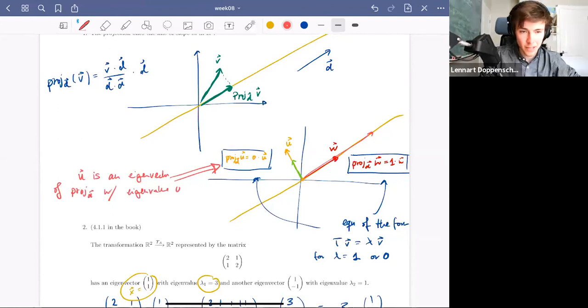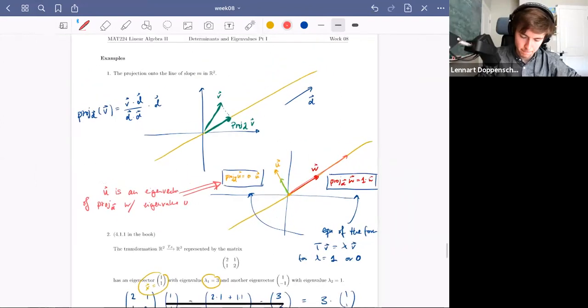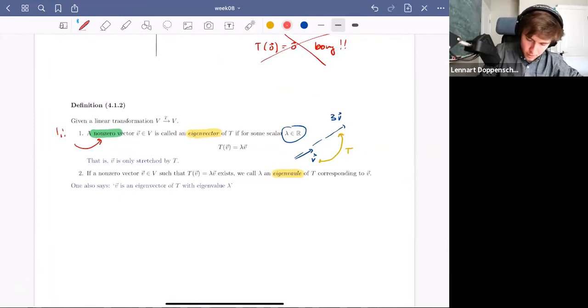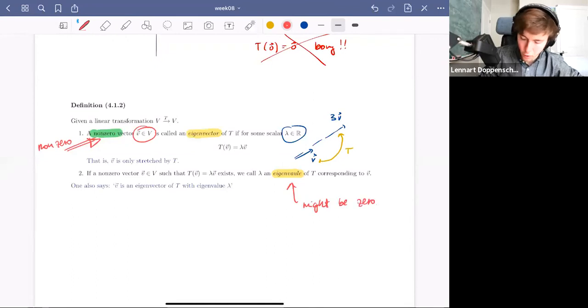The eigenvalue can be 0. The eigenvector cannot be 0. That's the important bit. Let me make this clear here. This is non-zero. This is the eigenvector, but the eigenvalue might be 0. There's no restriction on the eigenvalue.